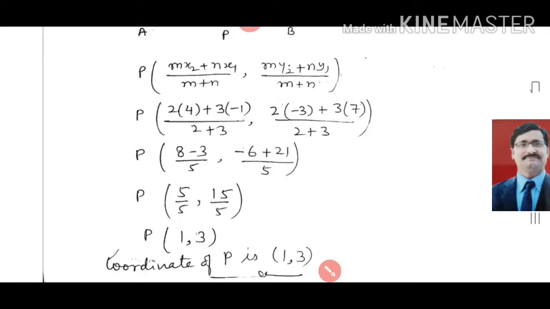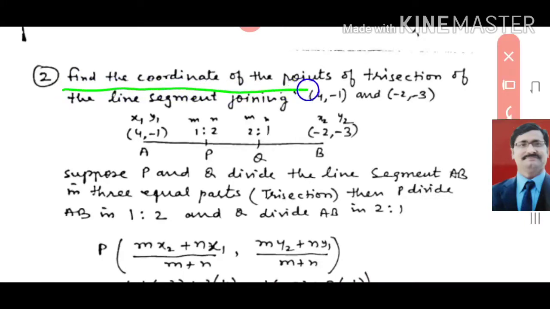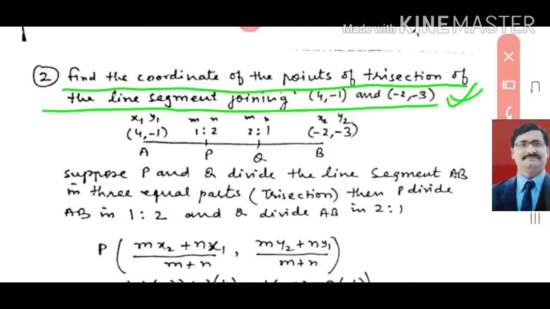We have to find the coordinates of the points of trisection of the line segment joining (4, -1) and (-2, -3). Look here, you draw the diagram.